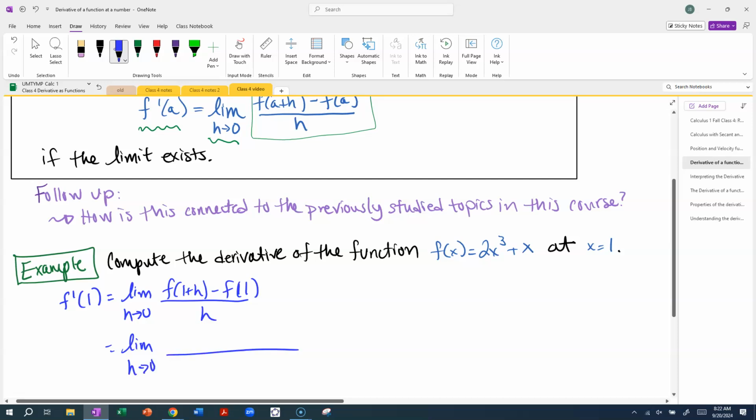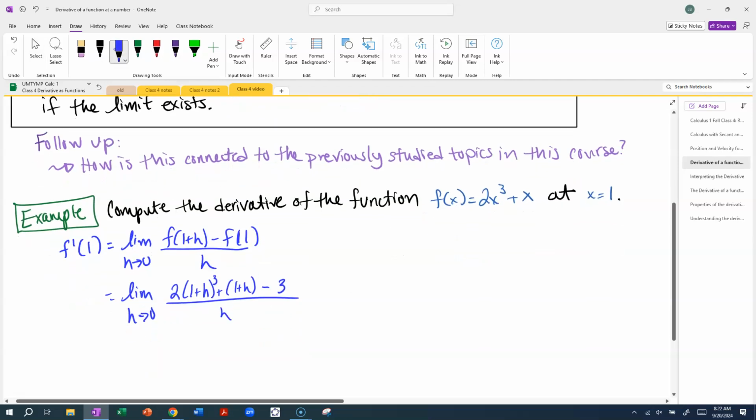And then in the numerator, I'm going to have (1 plus h) cubed plus (1 plus h), and then if I substitute 1 into the original function, I get 3. And then this is all over h, okay? Now I have to just go through the algebra.